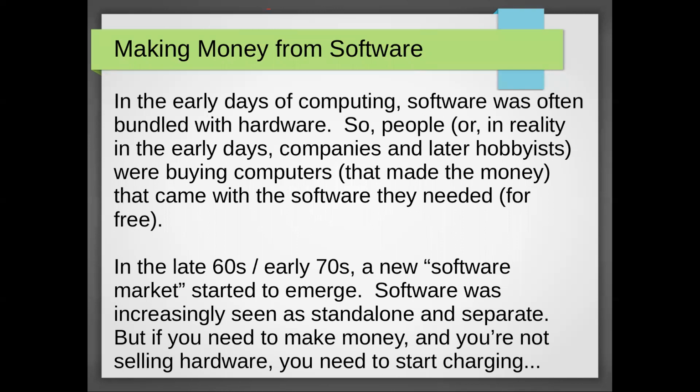It was usually businesses, and later very nerdy hobbyists that were very into this new thing, who were buying computers almost because of the software that was installed on them. So it came with the software they needed. If it had some sort of word processing software bundled in and installed, that's part of the reason they bought it, because the computer and the software were seen as synonymous.